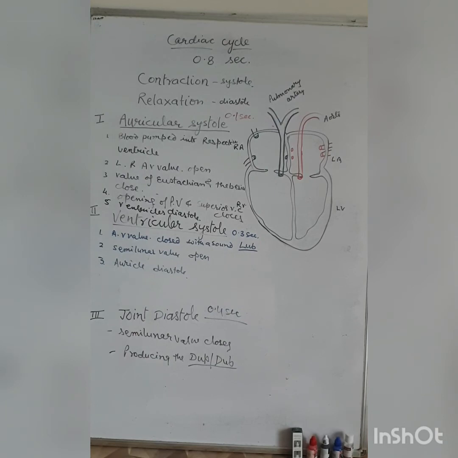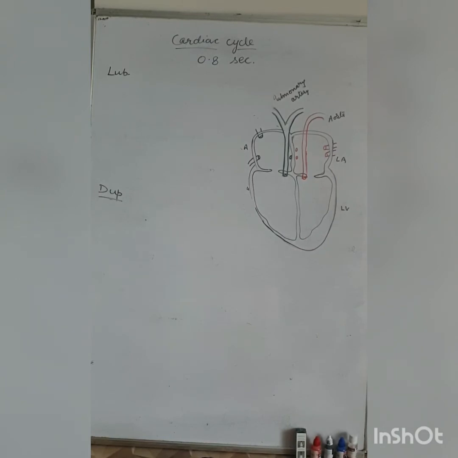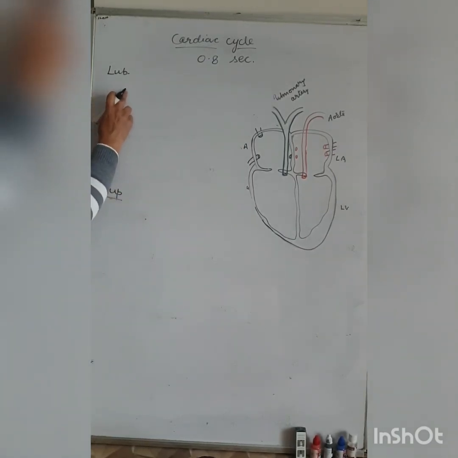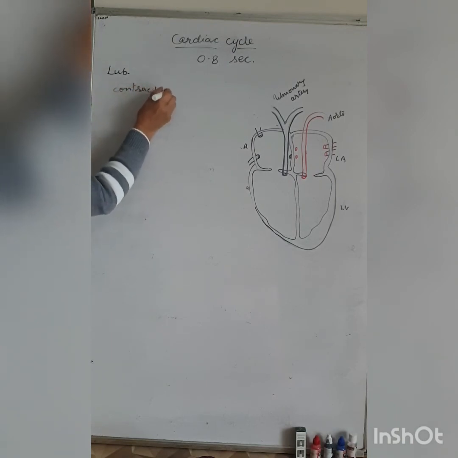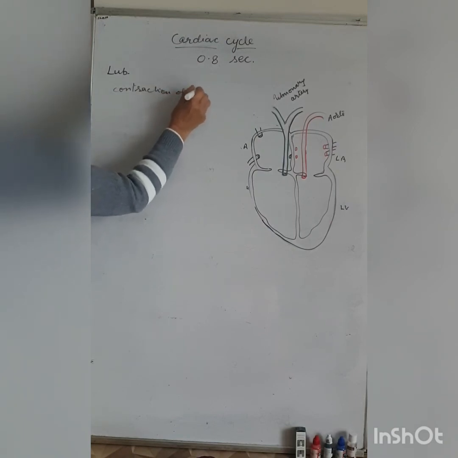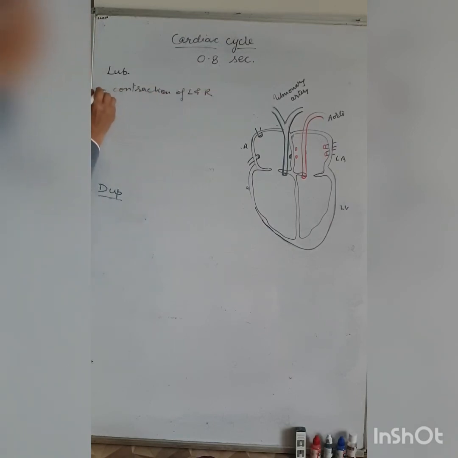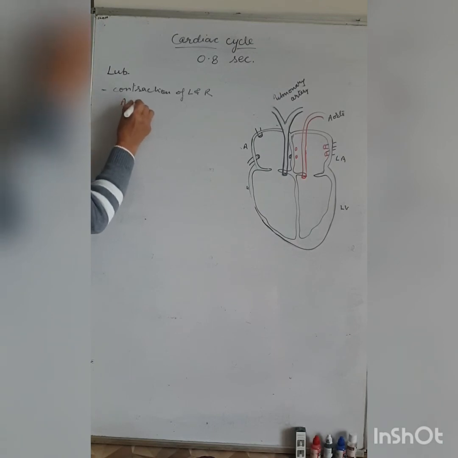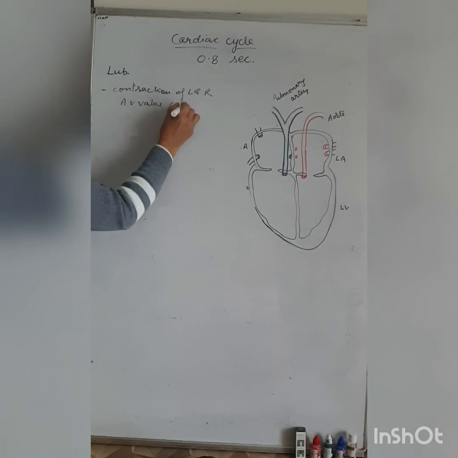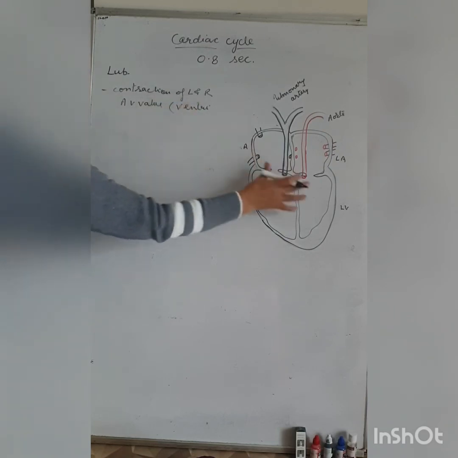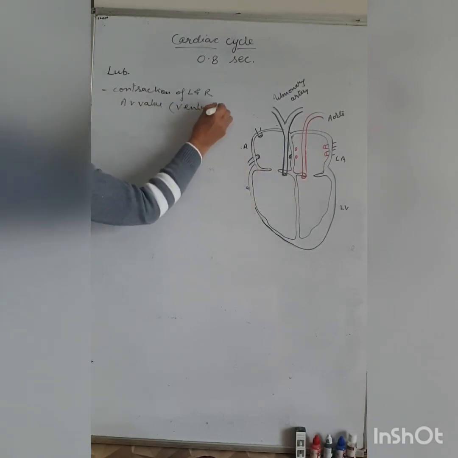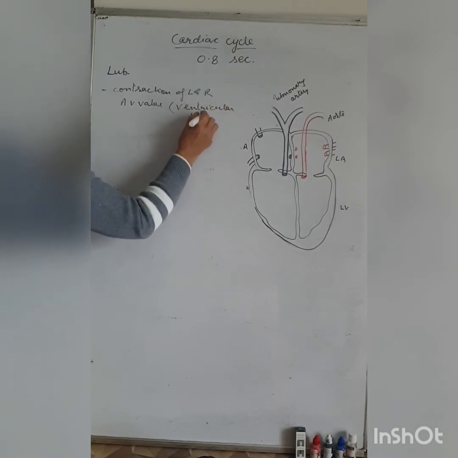Now we discuss the lub and dup sounds in detail. The lub sound is produced due to the contraction of the left and right atrioventricular valves, the AV valves, when ventricular systole is there.